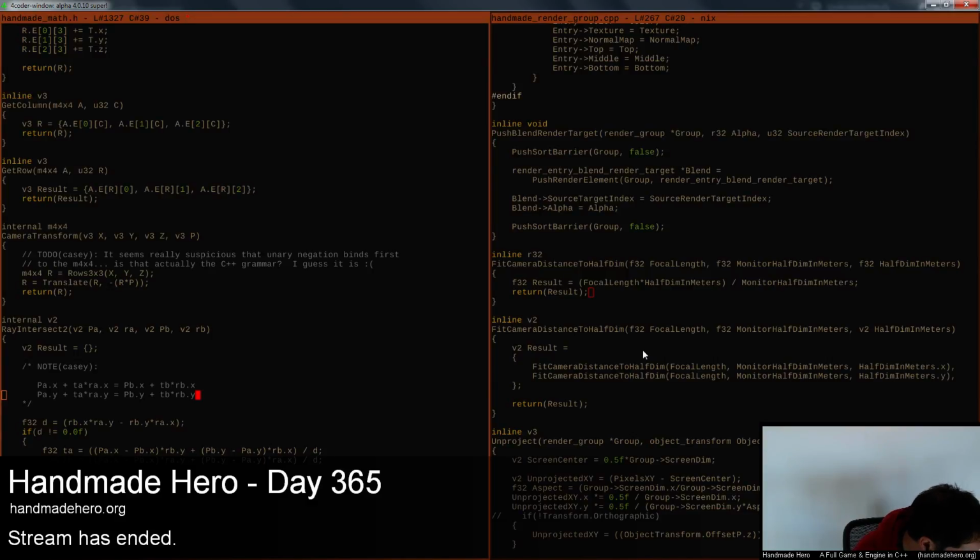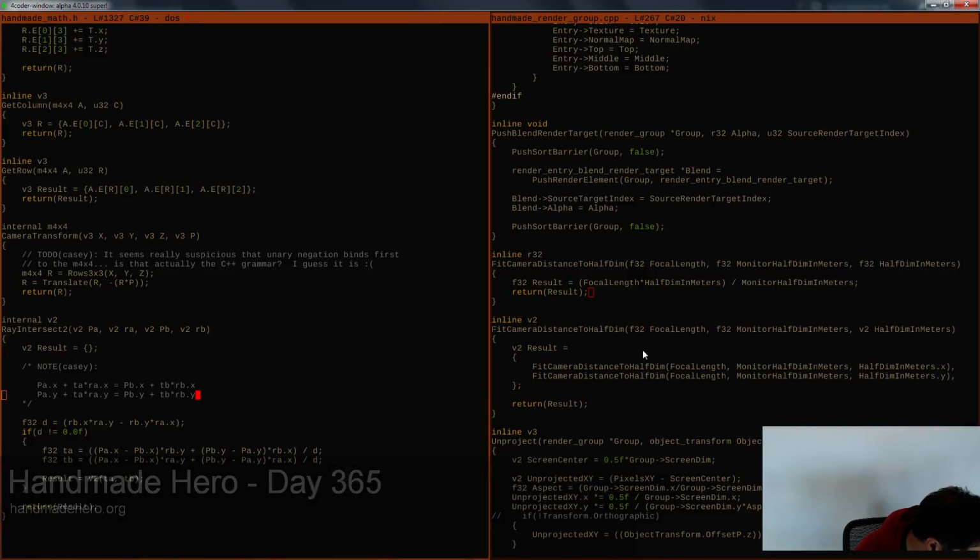Somebody ran the equation through MATLAB, which is what I wanted to check. It says this could be the solution at least for MATLAB. Negative PAX RBY, negative PAY RBX, negative PBX RBY, plus PBY times RBX over. So the denominator is the same. The numerator is at least slightly different.